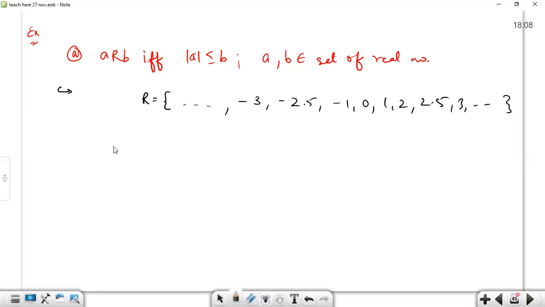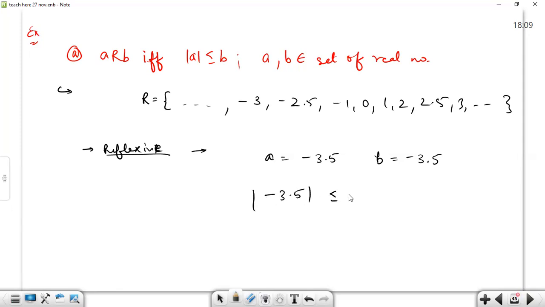Now coming over to checking the reflexivity of this particular relation. We will take random examples from the set. Taking A as -3.5, B also as -3.5, as we are talking about reflexive. So -3.5 modulus is less than or equal to -3.5.